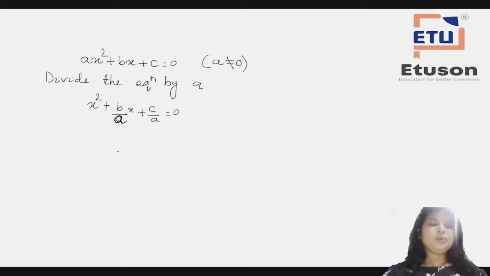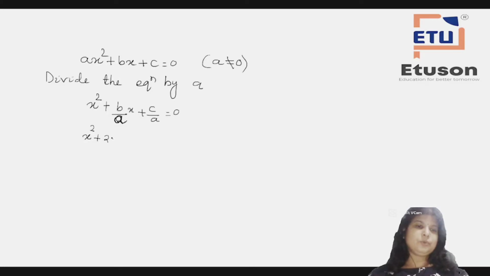Correct? So now we have to form it by the completing the square method. So you already have the x square term. So you need the 2ab term now. So 2 into x is already there. If you are multiplying by 2, you have to divide by 2 also. So b by 2a, then it will become, right?